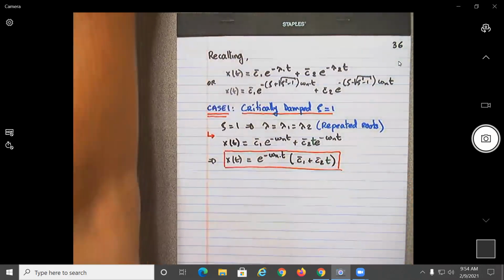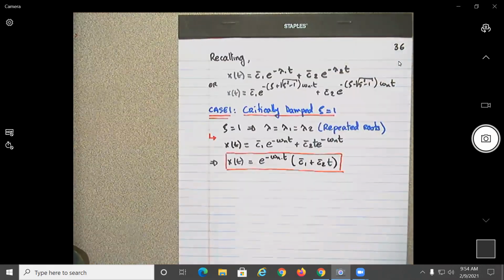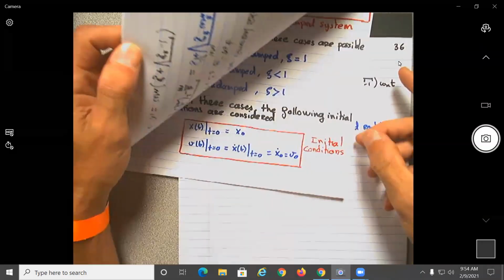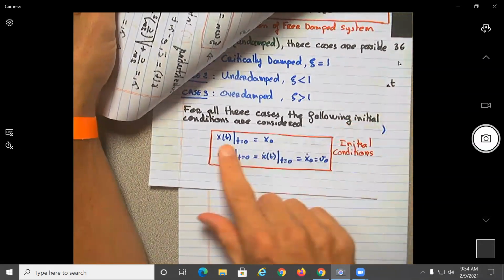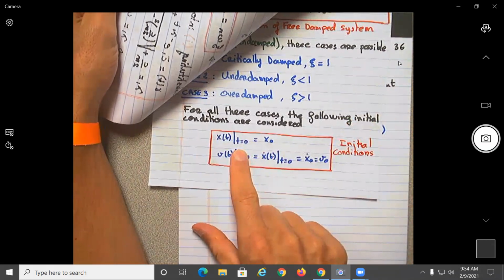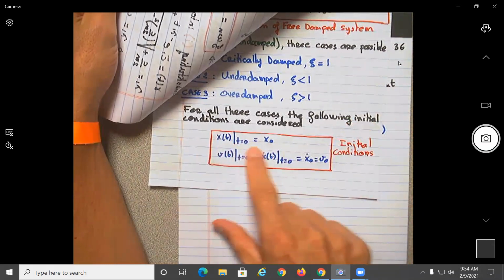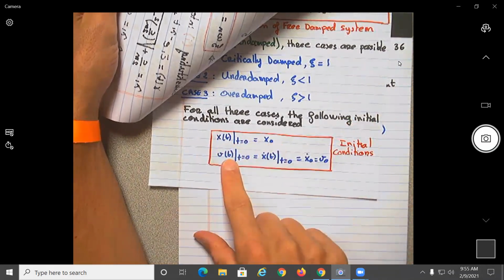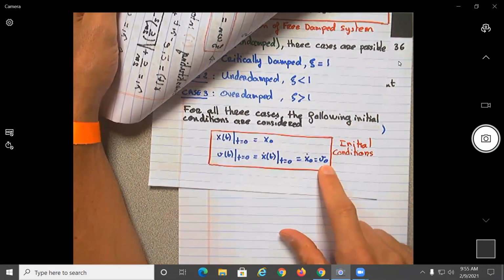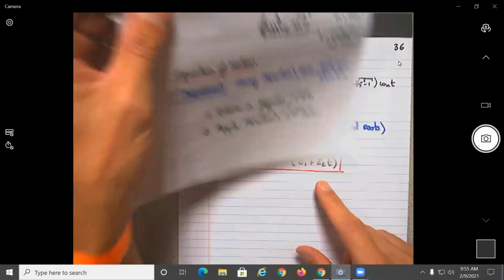But last time we said that we're going to solve the whole problem using initial conditions, so we need to find the two constants. We say for all cases, we follow this. We're going to use the following initial conditions: the initial deformation at t equals 0 is equal to x sub naught, and the initial velocity at t equals 0 would be x dot naught, or just v naught. All right.